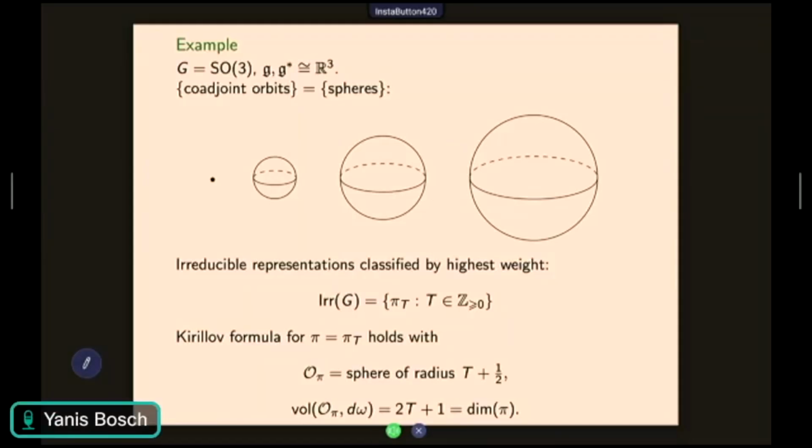On the other hand, the irreducible representations are classified by their highest weight, which is some non-negative integer t. And it turns out that the character formula holds if you take the orbit attached to a given representation to be the sphere whose radius is 1/2 more than the parameter of that representation.